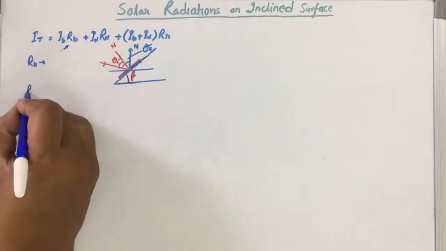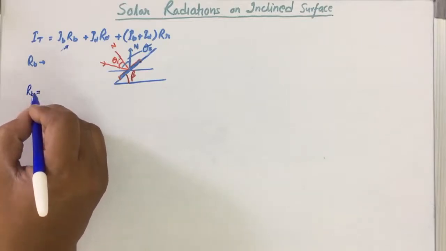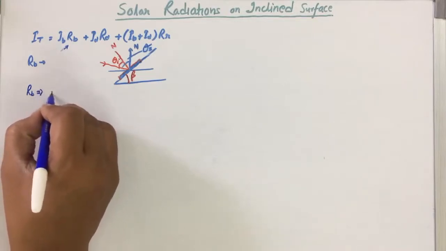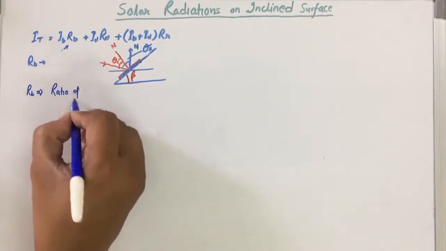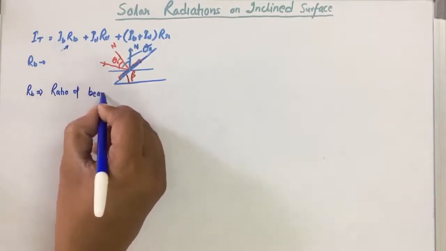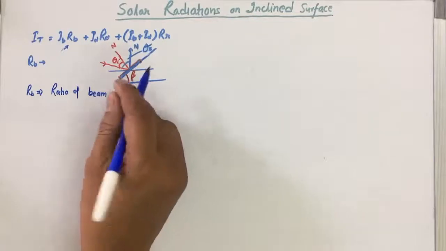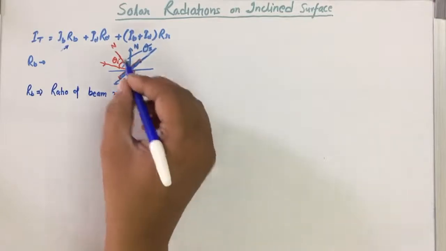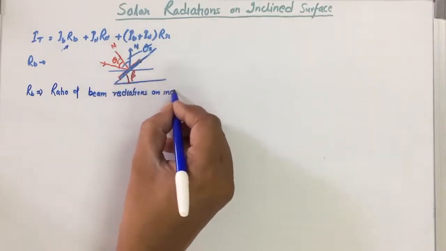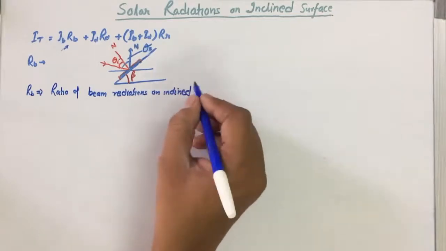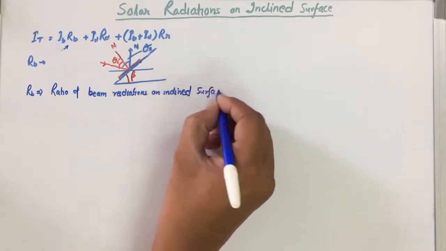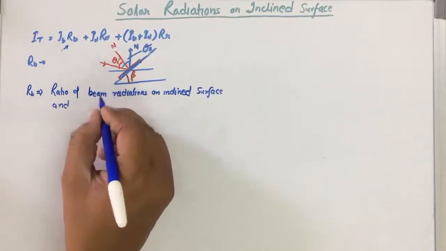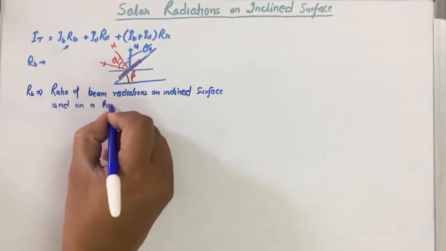So from here we can say RB is defined as the ratio of beam radiations on inclined surface and on a horizontal surface.